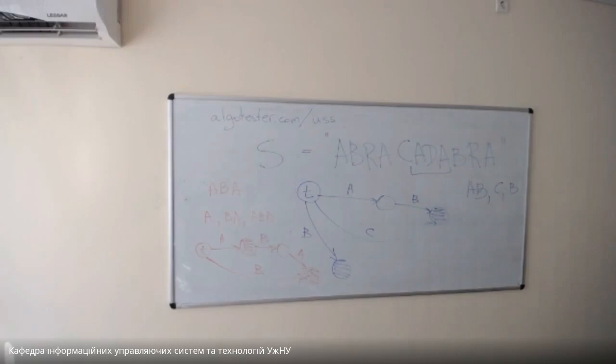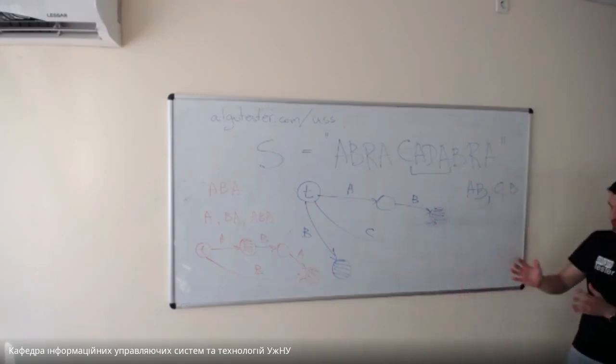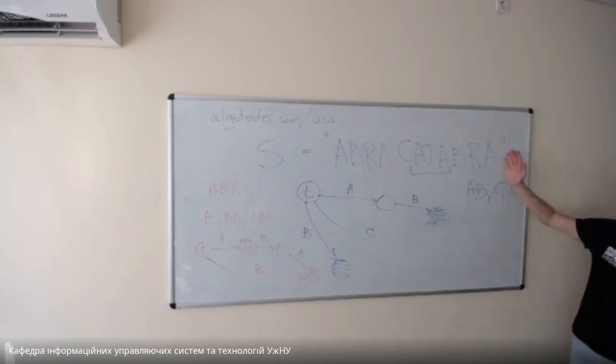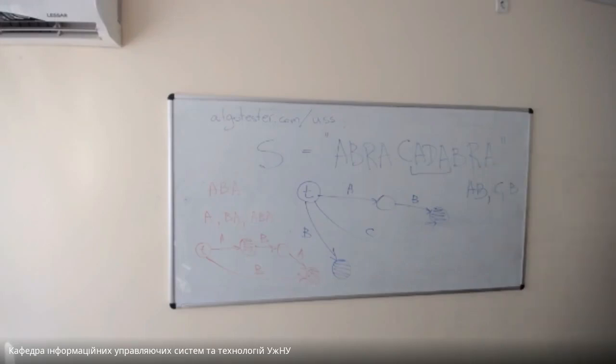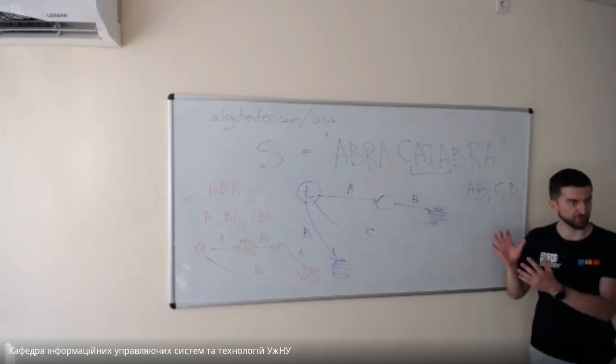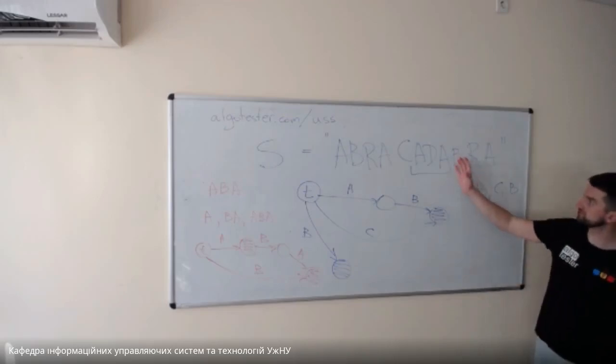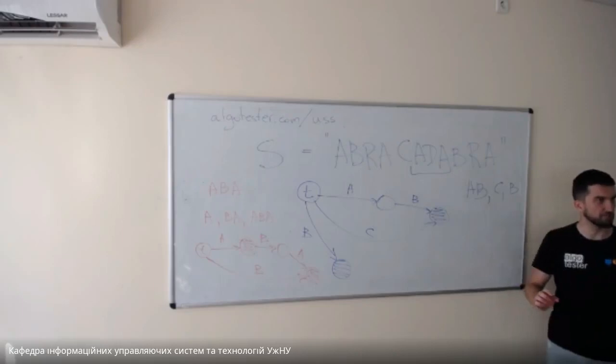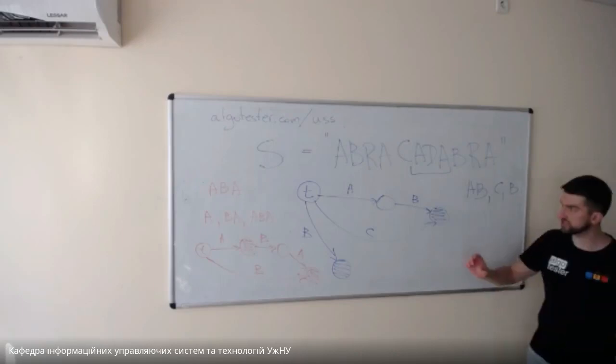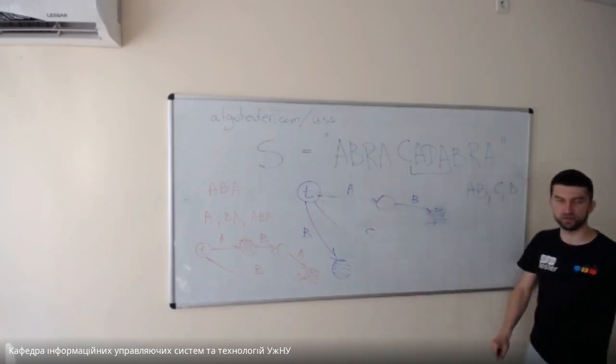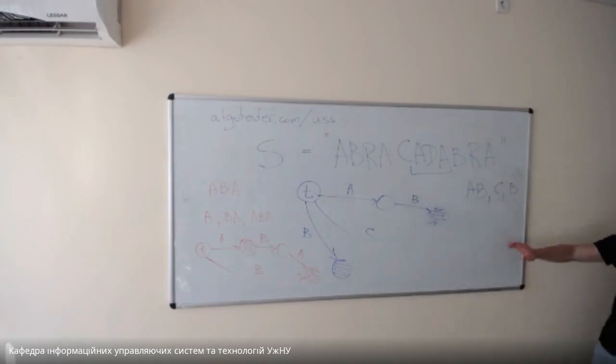So again, recap. Suffix automaton is a machine or automaton which accepts all non-empty suffixes of the given string. So it's easy to see that every substring of the string corresponds to some path that starts from the initial state of vertex and ends somewhere.